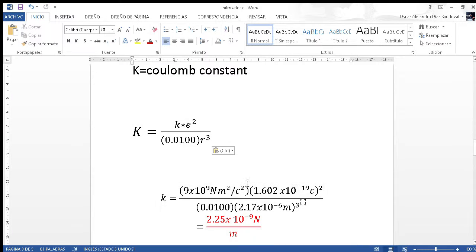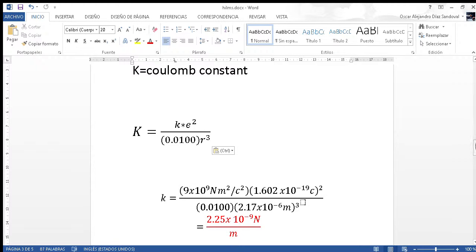What is E? E is the charge of the electron.